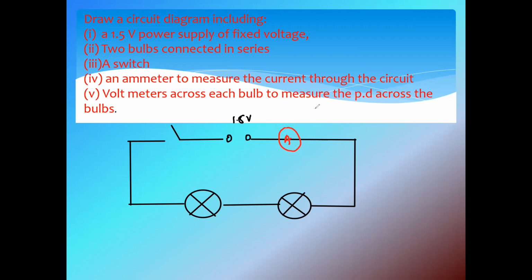Voltmeters measure the voltage across each. Voltmeters are always connected in parallel, so we connect a voltmeter across each component. So this is how we draw the circuit in which two bulbs are connected in series with a switch, an ammeter and a voltmeter.